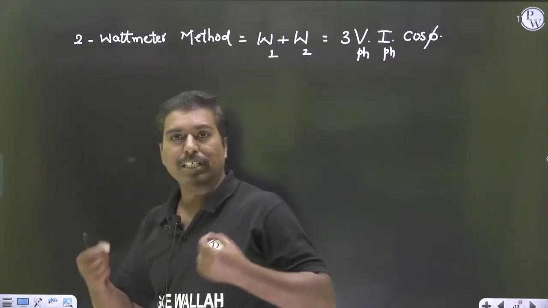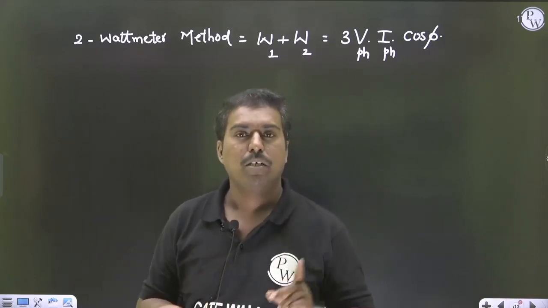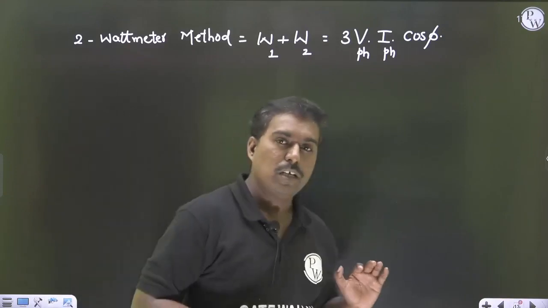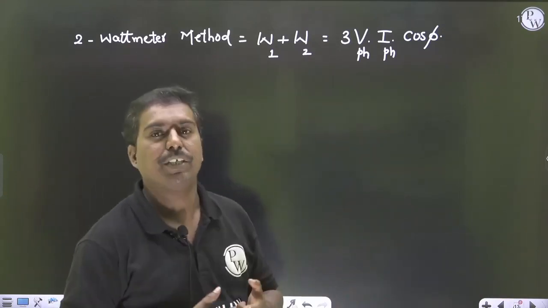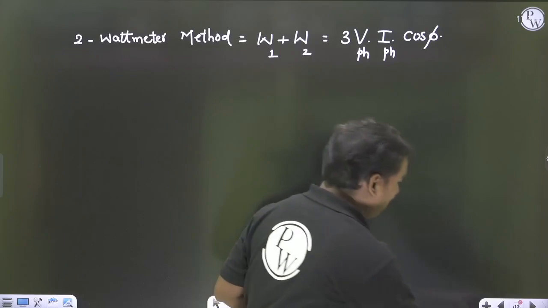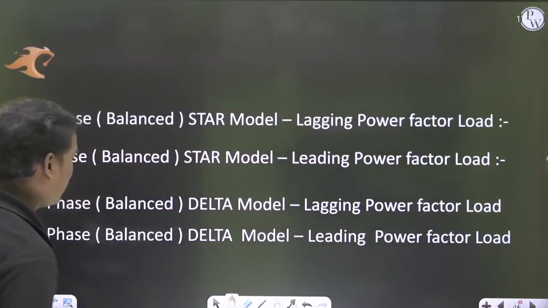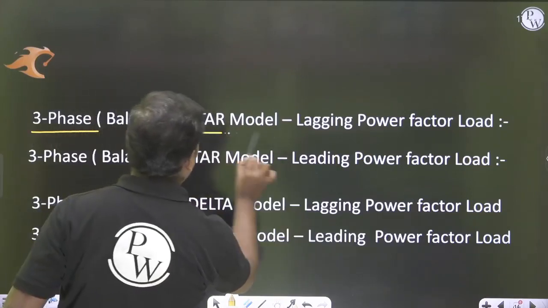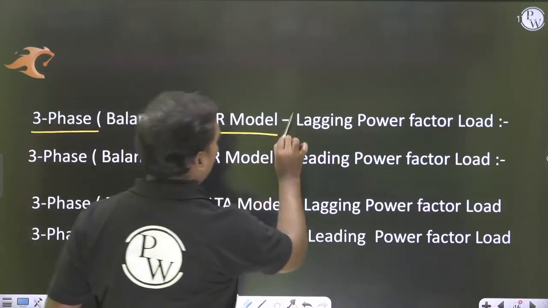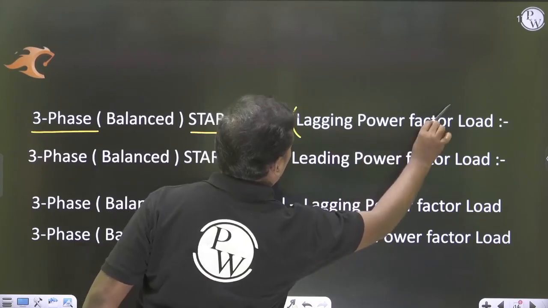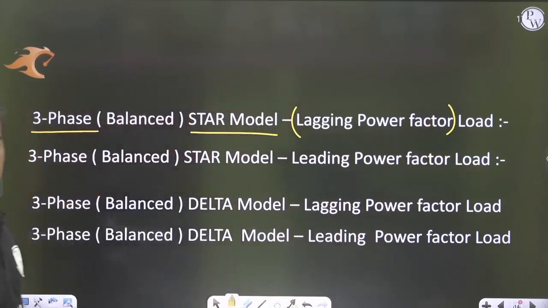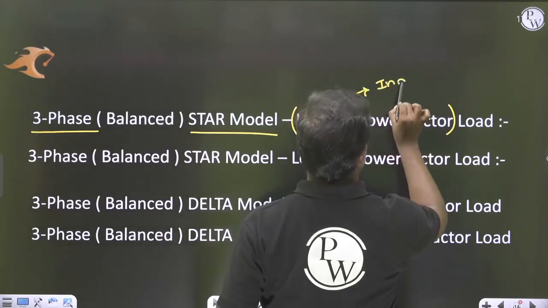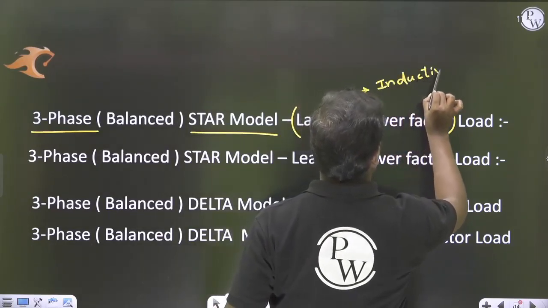Actually, when you are connecting the load, always remember the load can be lagging type or leading type. So to explain this connectivity of the 2 wattmeter method, there are 4 possibilities. The 4 possibilities are: 3-phase star model with a lagging power factor. Lagging power factor means inductive load, because in inductive the current lags.